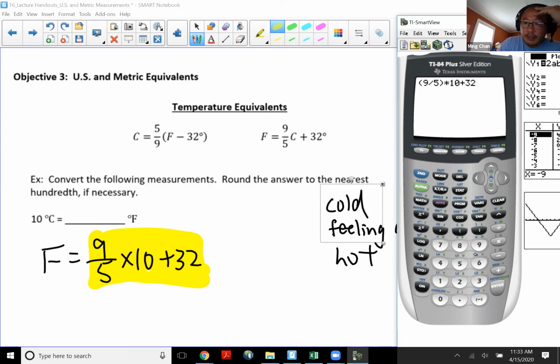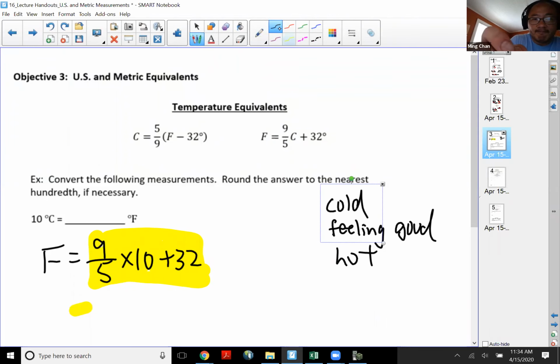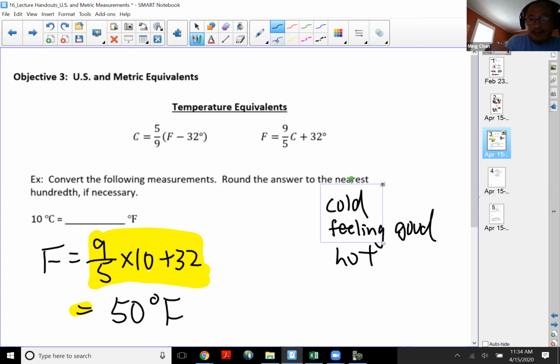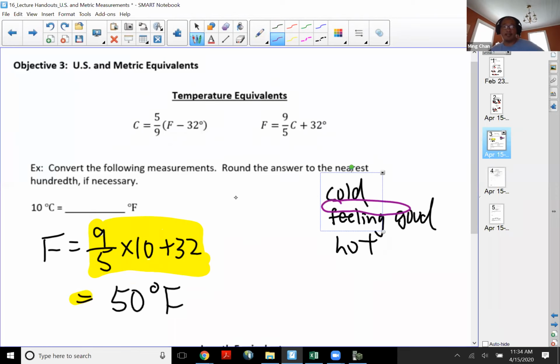Just make sure the plus sign is outside the parentheses, okay? Because that's how the calculator knows they are two separate terms. 50 degrees. So that's kind of in between cold and feeling good, right? By the Southern standard.